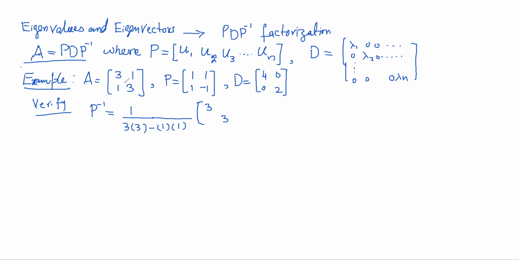And the reverse diagonal terms will change in sign, so this will be minus 1, this will be minus 1. So the P inverse matrix will be 9 minus 1, that is 8, 1 by 8.